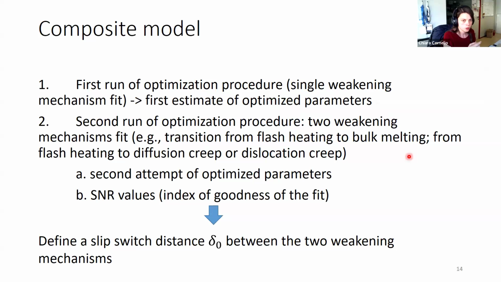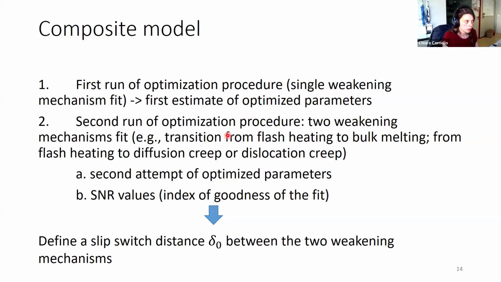The first one needed guess values for our parameters, and in this case we are just considering one single weakening mechanism. In the second run, we consider the combination of two weakening mechanisms, in particular flash sheeting and bulk melting for silicate-rich rock, and flash sheeting and diffusion creep in case of calcite-rich rock.